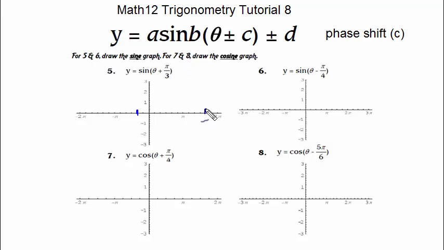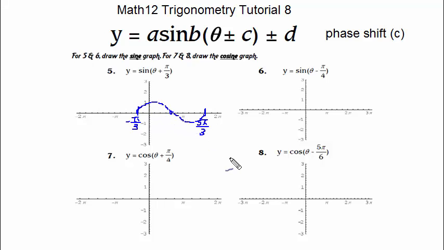So we're moving from negative pi over 3 to positive, this is the 1 pi, this is 2 pi minus pi over 3, which is 5 pi over 3. There we go. And then we're looking for the middle point here. We just draw a normal sine function. And that's it. Make sense?